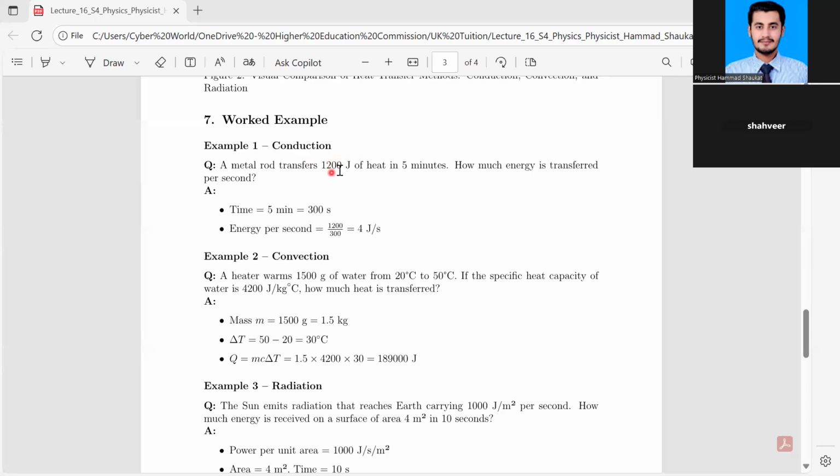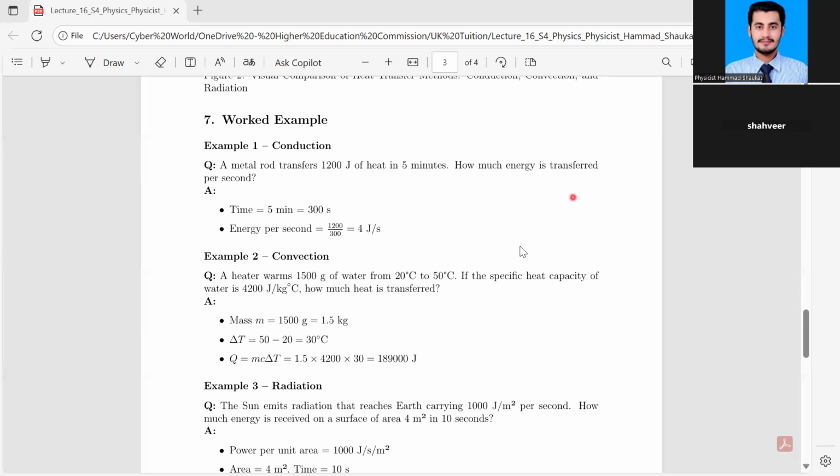Heat, yes, heat energy, because here it mentions heat in 5 minutes. So the duration is 5 minutes. How much energy is transferred per second? You have to find the energy transferred per second. So this is the energy for 5 minutes, and you have to find the energy transferred per second.